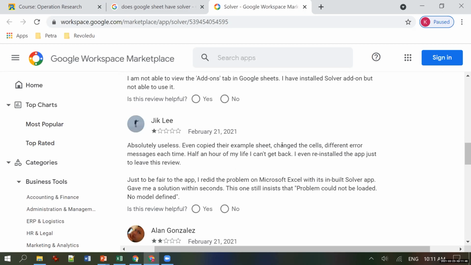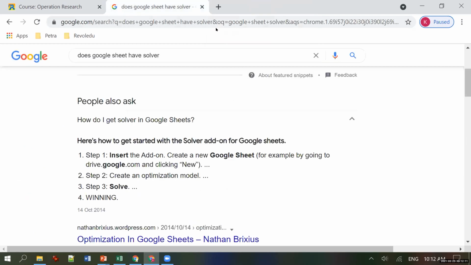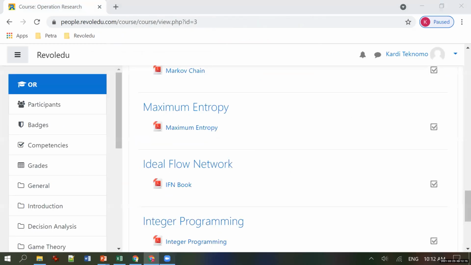Absolutely useless. So maybe it's not as useful if I download. You can try, I don't know. Maybe it has improved already, you don't know.